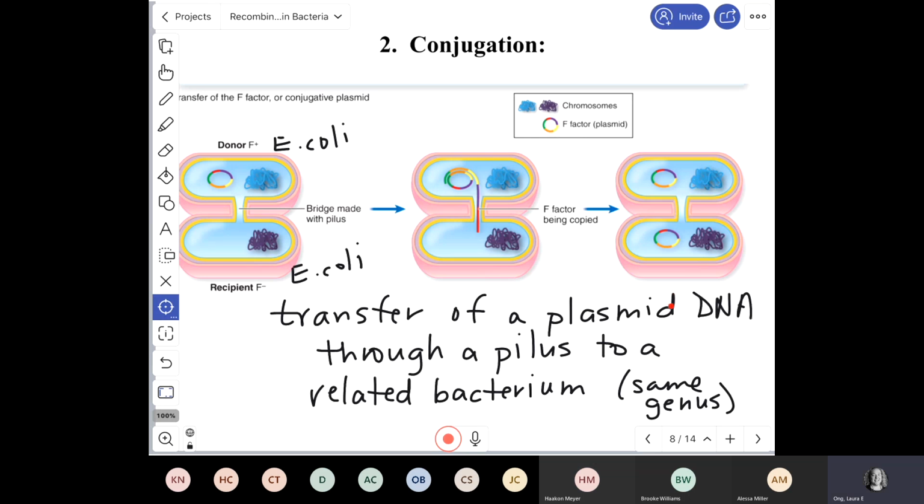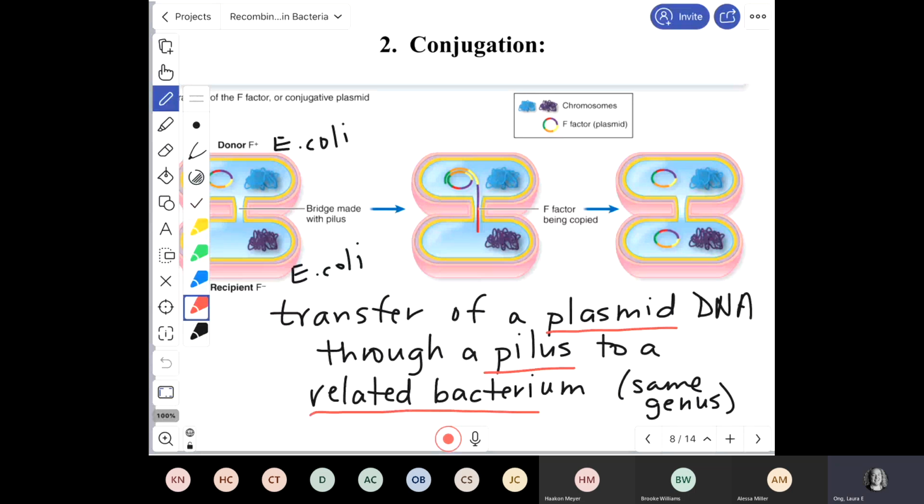So conjugation is a way that bacteria that have a pilus, or have pilus ability, can send a plasmid to another bacterium like them.